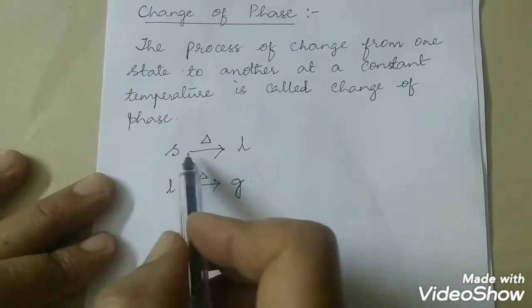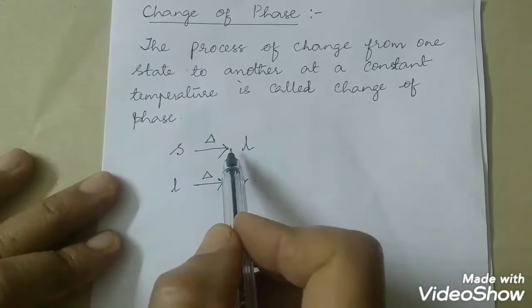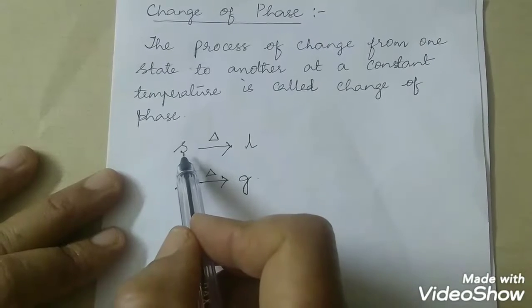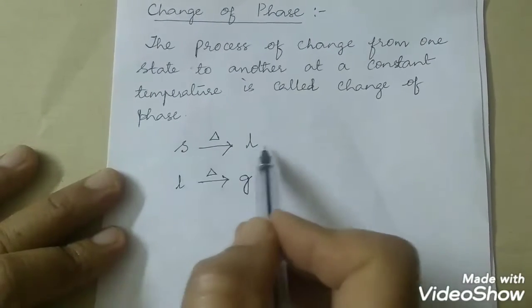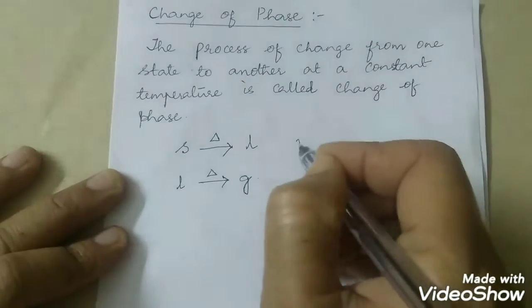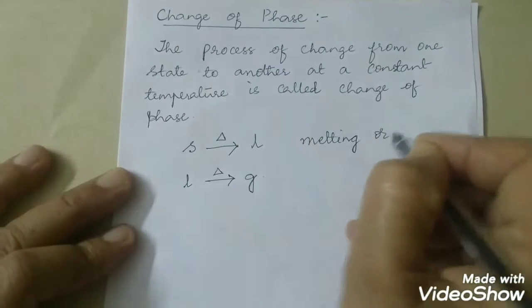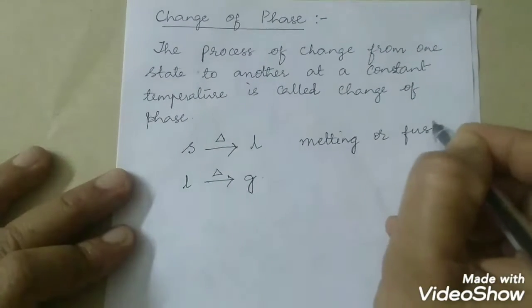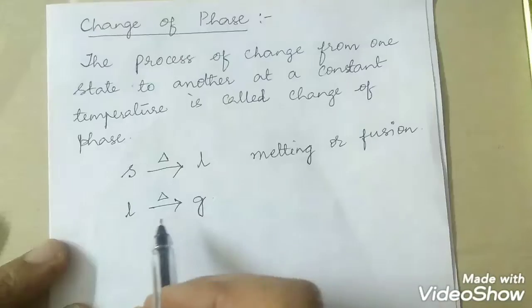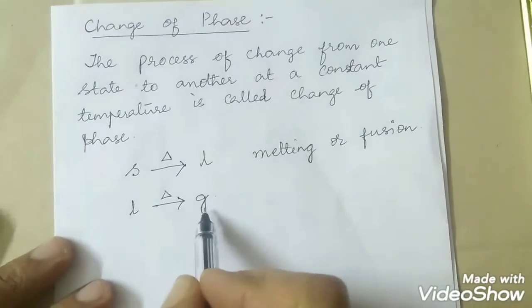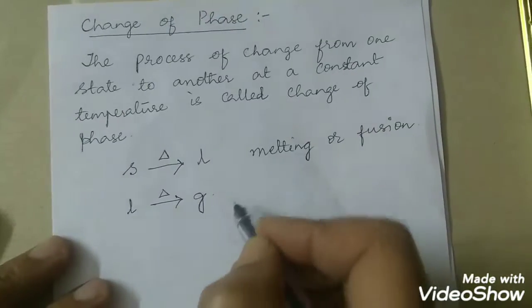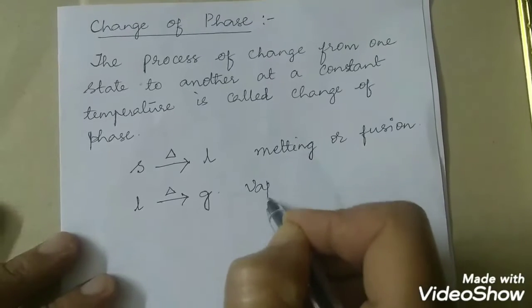The process wherein a substance changes from solid state to liquid state is called melting or fusion. The process wherein a liquid changes to gas is called vaporization.